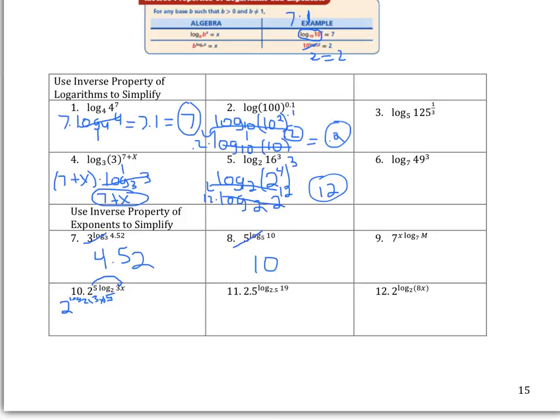So 2 to the log base 2 cancels, and we get 3x to the 5th. Number 11, pause the video, try it, and come back. Number 11, we have 2.5 to the log base 2.5 cancels out, and we just get 19. Go ahead and do number 12 for homework.